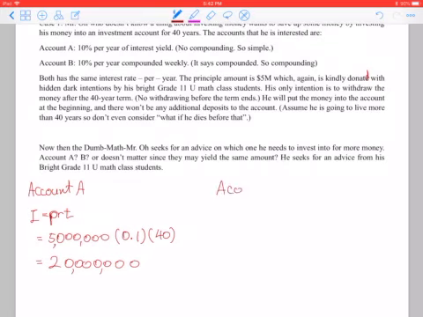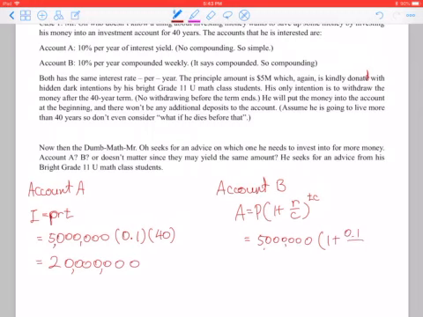Now then account B, since this is compounding, it will be A equals P(1 plus R over C) to the power of T times C. Now the principal is $5 million. And then 1 plus 0.1. Now it says compounded weekly. So there are 52 weeks.